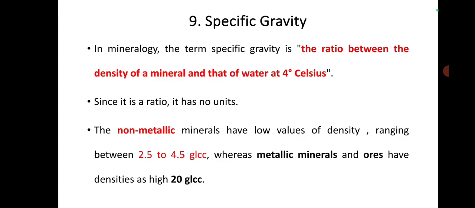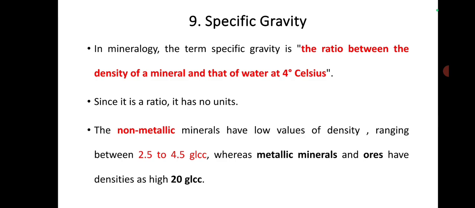Specific gravity will be 2.5 to 4.5 with no unit. Density is mass per unit volume, so it is 2.5 to 4.5 gram per centimeter cube, whereas metallic minerals and ores have densities as high as 20 gram per centimeter cube.